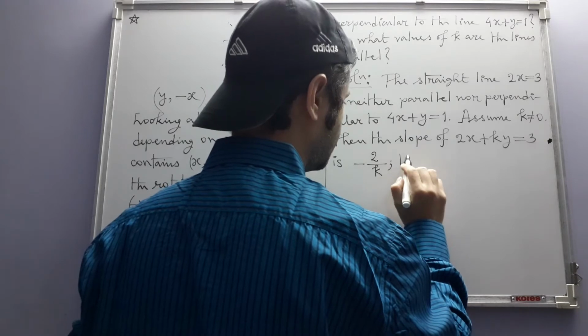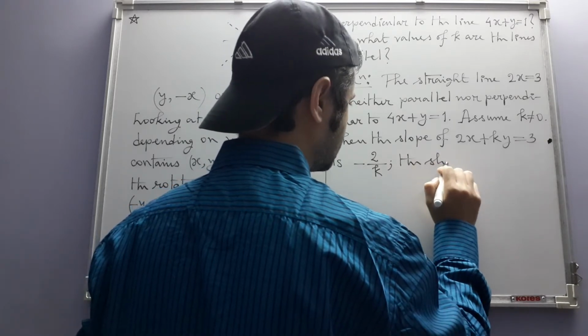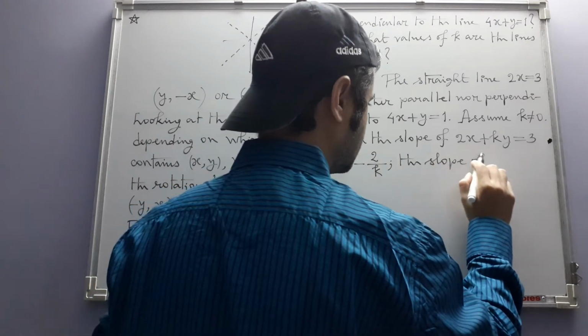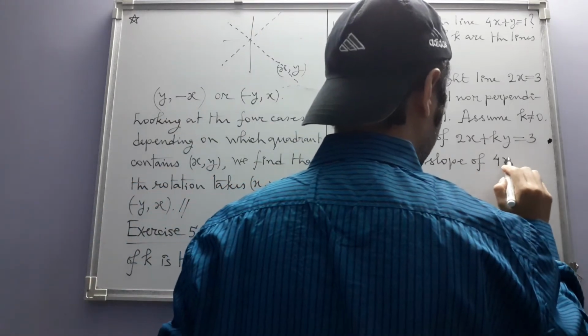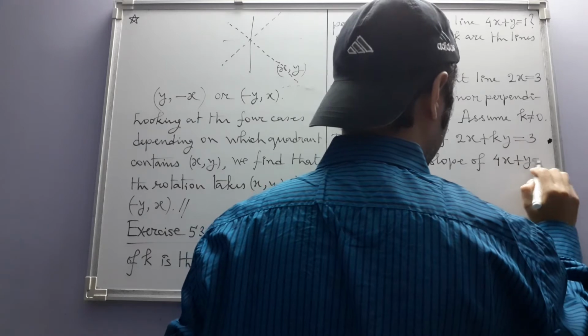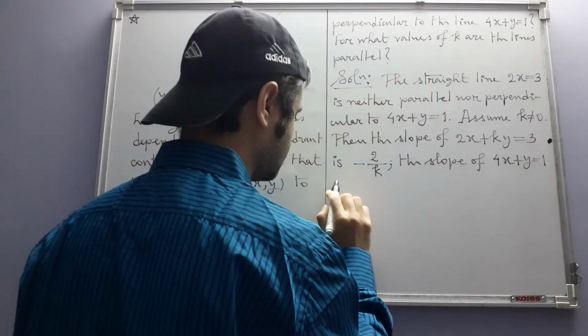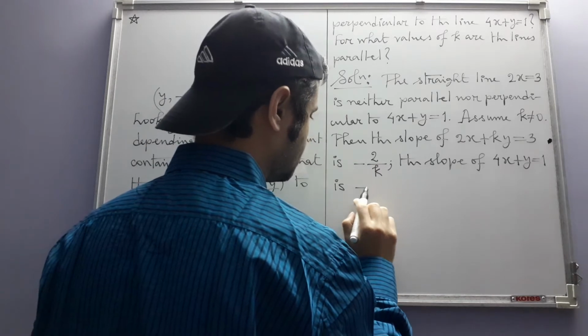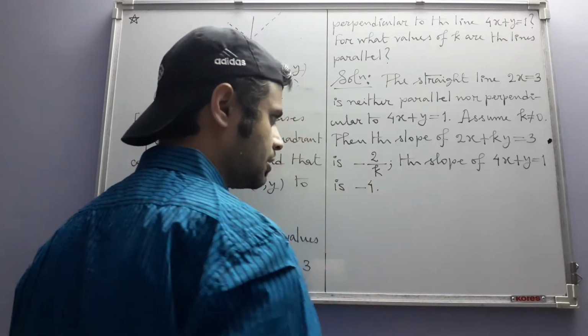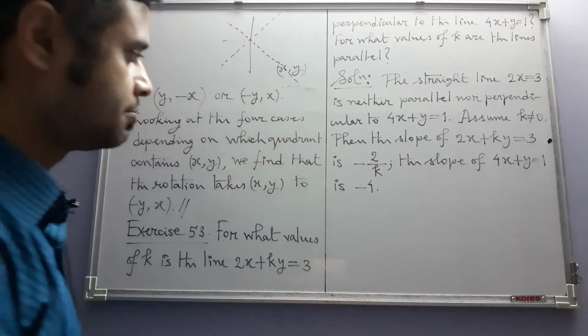Just like that, the slope of the line 4x plus y equal to 1 is minus 4, reading off y equal to mx plus c.